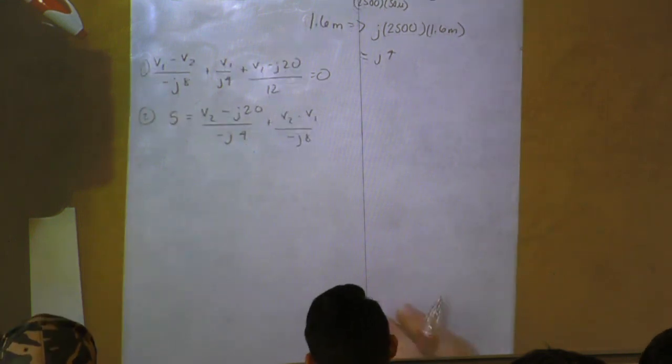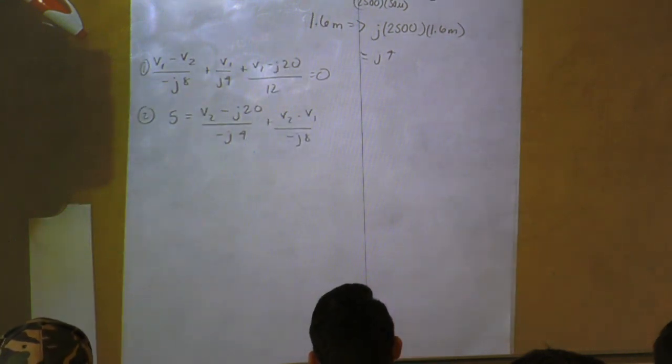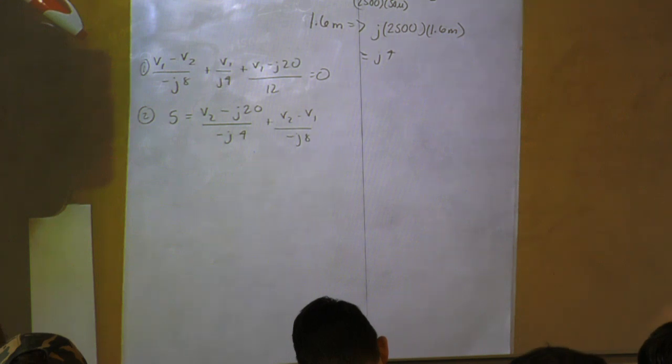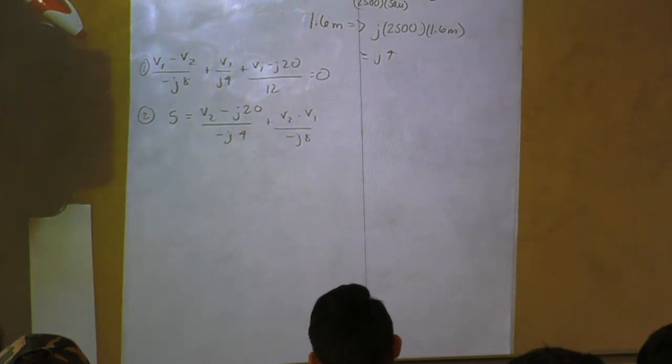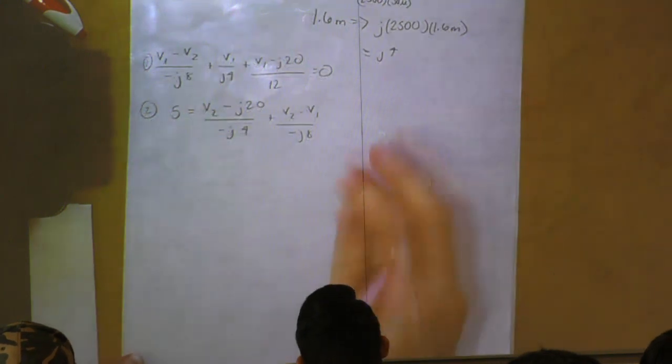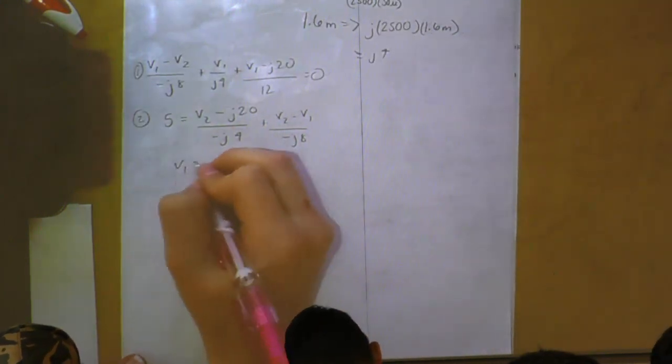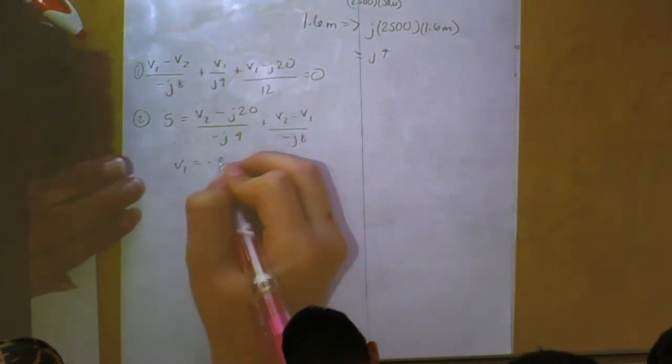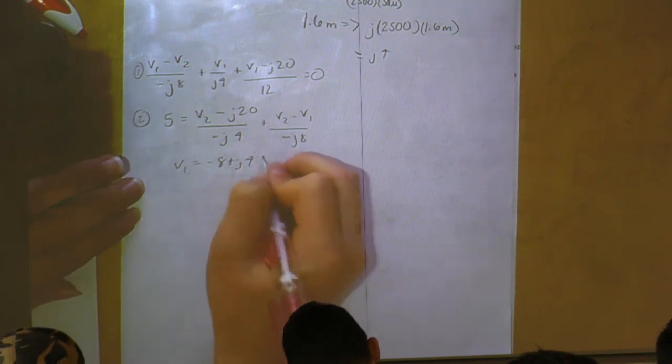Everyone okay with that, KCL? Then you'll have to do some algebra. And you should find that your V1 is equal to negative 8 plus J4 volts.